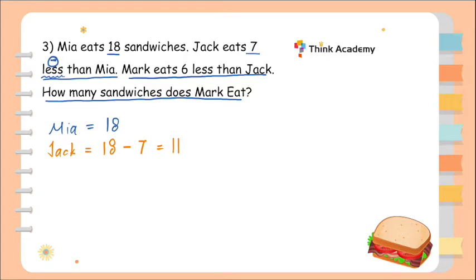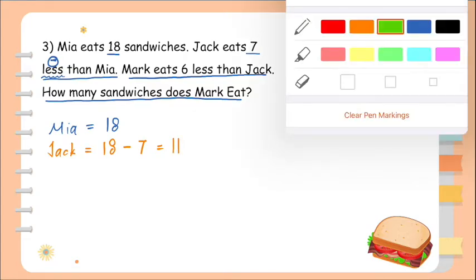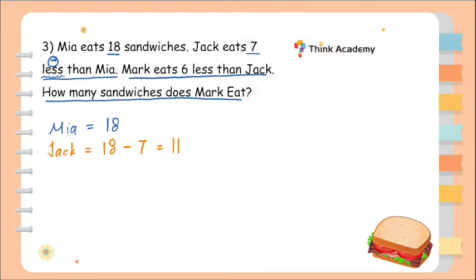Okay, that is perfect. And we're going to move on to the next one, which is Mark. So for Mark, he eats 6 less than Jack. And we already know how many sandwiches Jack eats, right? And how many is there? 11. So from Jack, and we know less means minus.